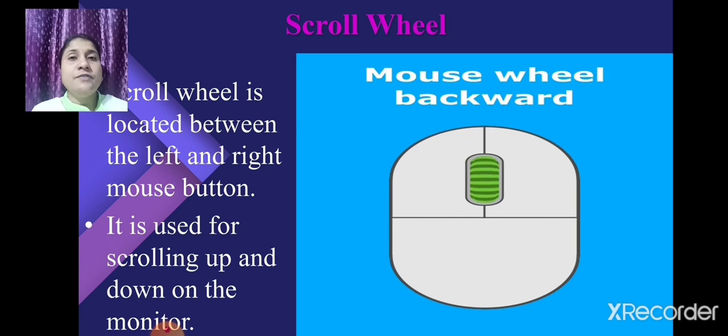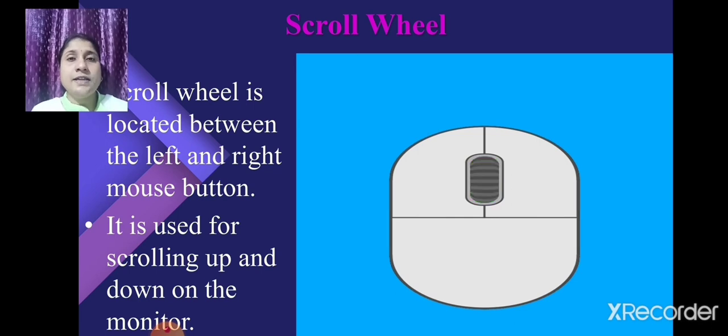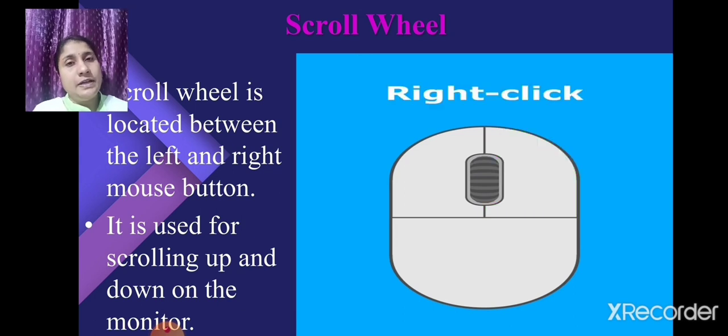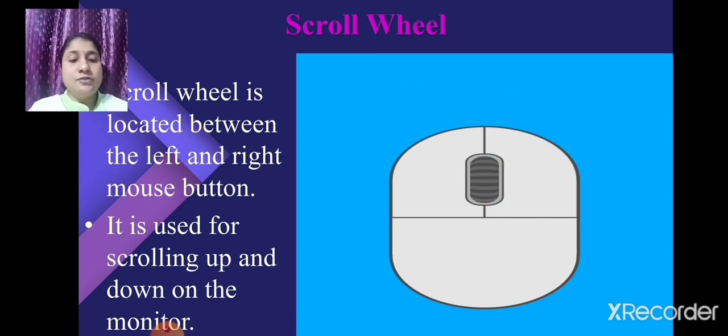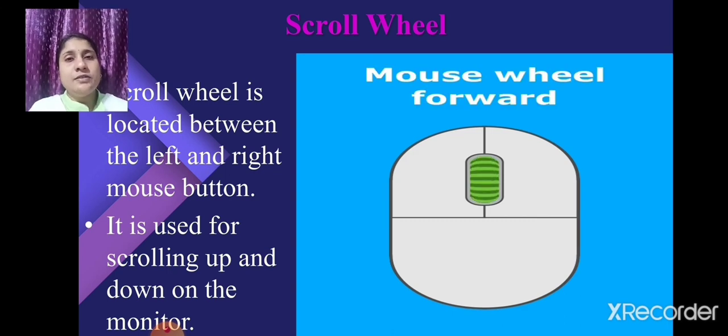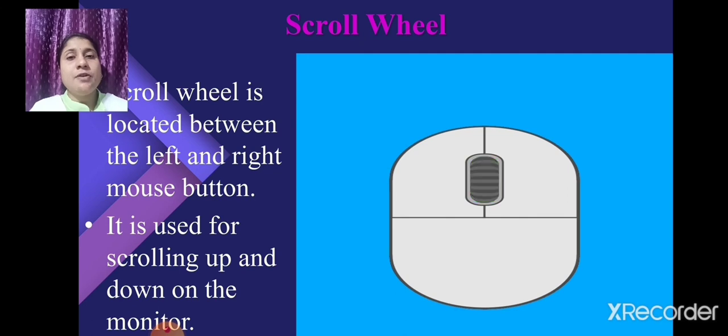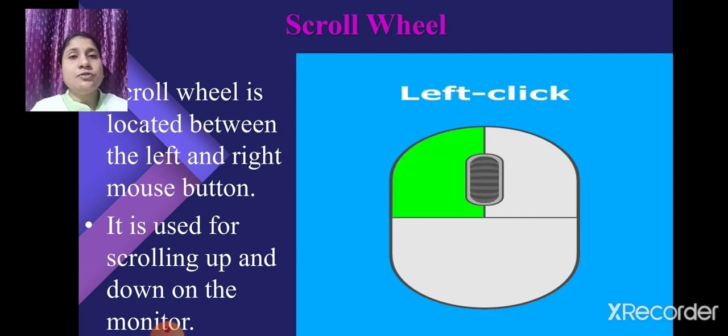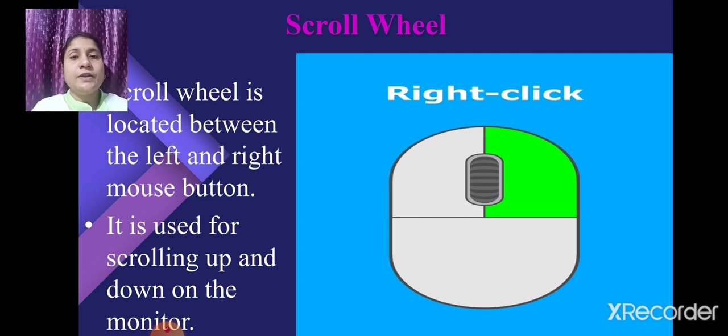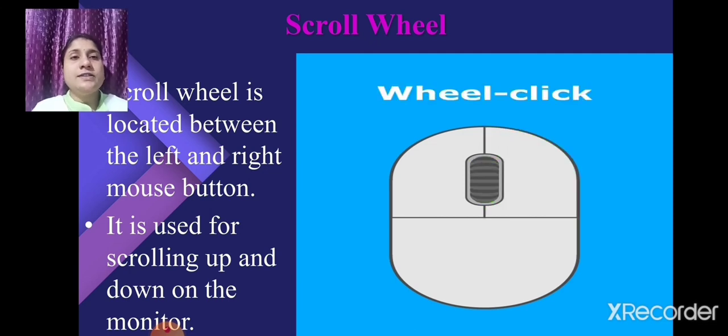Then we saw the different functions of a mouse: single clicking, double clicking, and the right click. Then we also saw dragging, how to move an object from one place to another on a monitor with the help of the mouse. Then we also learned about the scroll wheel and what its use is. Okay, so all these things we have learned in this chapter.